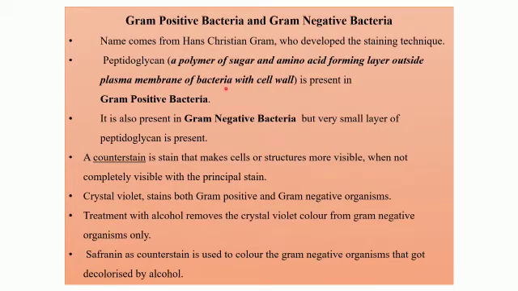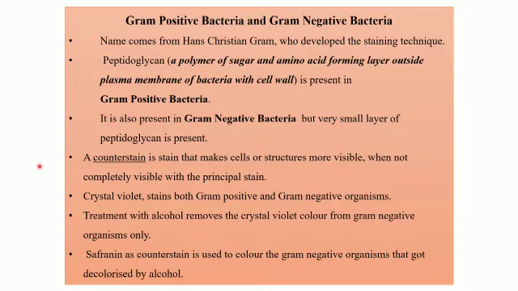This peptidoglycan layer is present in gram-positive bacteria, whereas it is also present in gram-negative bacteria, but only a very small layer of peptidoglycan is present. So this is one difference between the two types of bacteria, that is, the presence of a thick peptidoglycan layer in gram-positive and a thin layer in gram-negative.